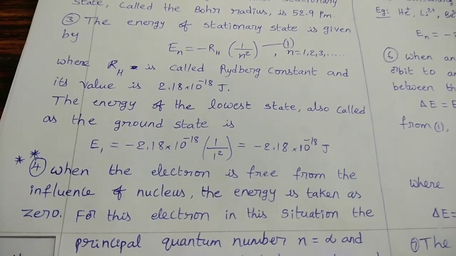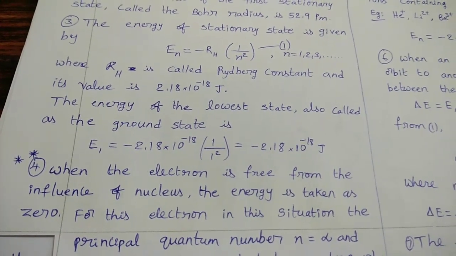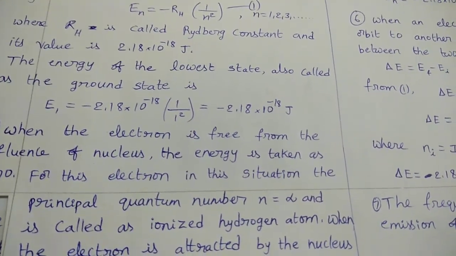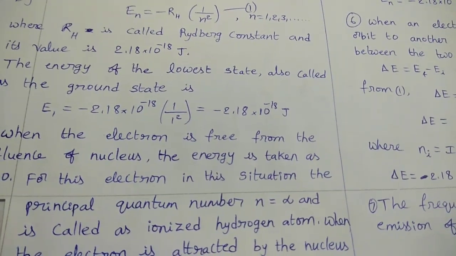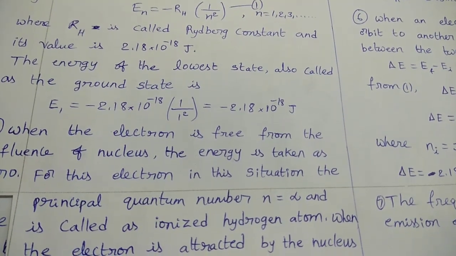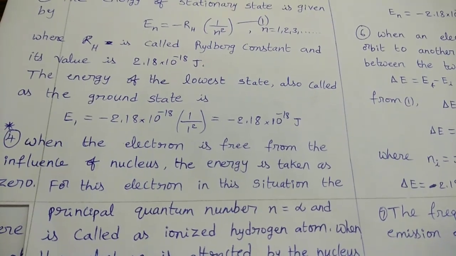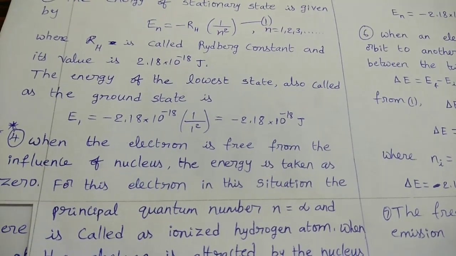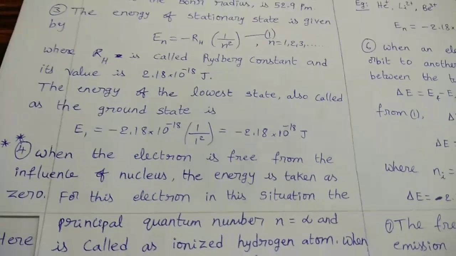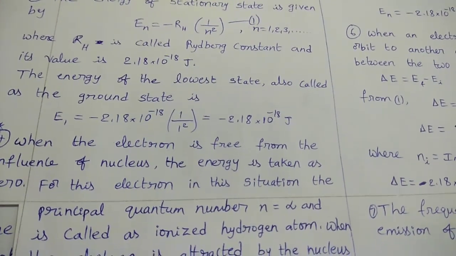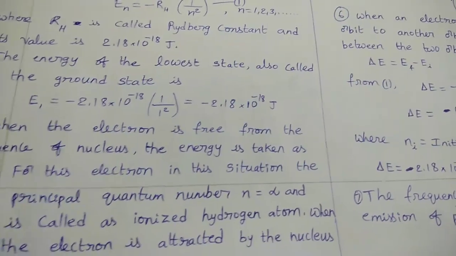The electron is present at an infinite distance from the nucleus and this is called an ionized hydrogen atom. Electron not present in the hydrogen atom means that is an ionized species. Already we know hydrogen has atomic number 1, it has only one electron. That electron at an infinite distance from the nucleus means that is an ionized atom, H plus ion.